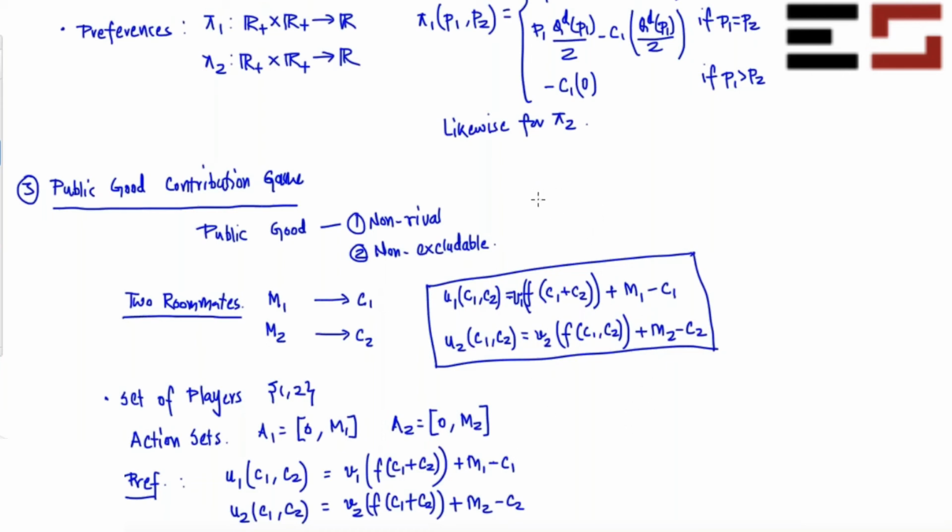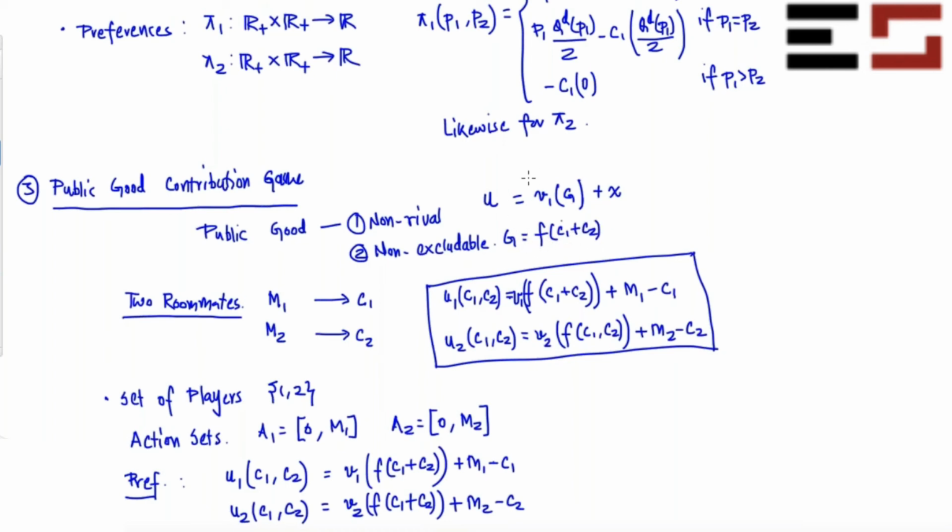This information will be given to you in the problem. You will be given that the utility is a function of the public good and the amount of money left. So this is the kind of utility function that might be given to you. And you are also given how G is connected to the contribution: if the contribution is C1 plus C2, then G is f of C1 plus C2.